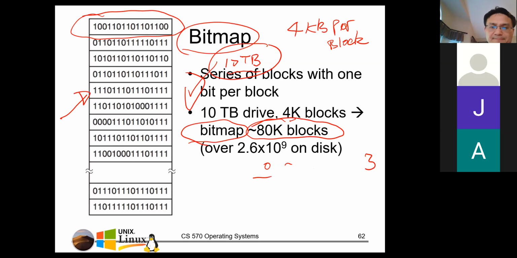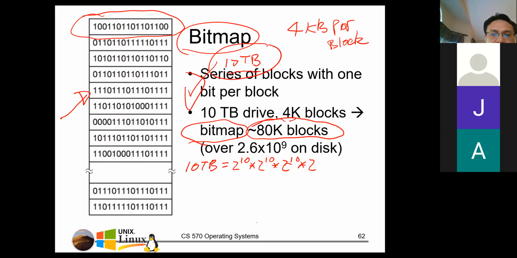So, how do you write 10 terabytes here? A terabyte is 2 to the 40, times 10.